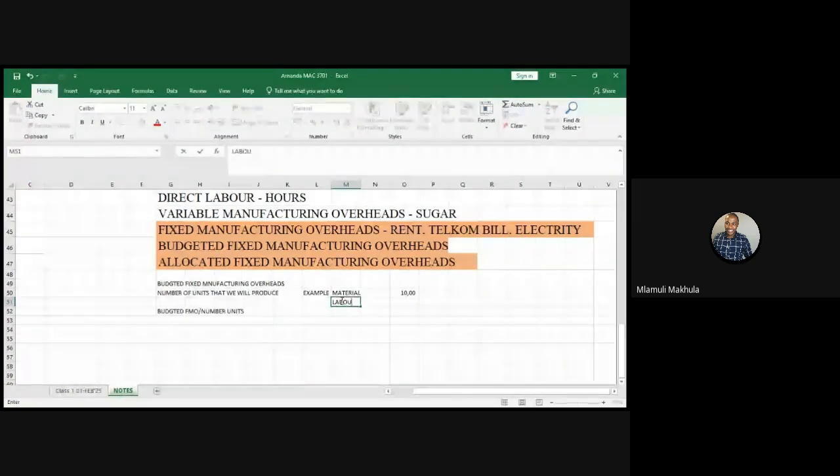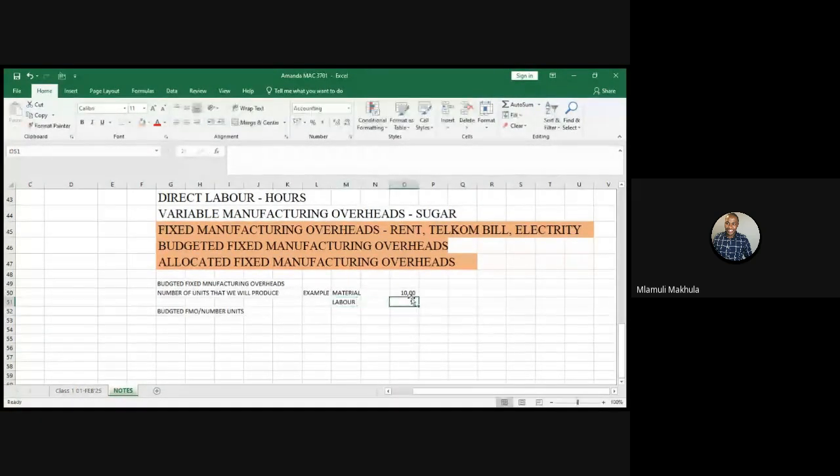Labor, we pay them 12 rand. And then your variable manufacturing overheads, let's say they are 8 rand. Then I will divide my estimated fixed manufacturing overheads by my number of units.